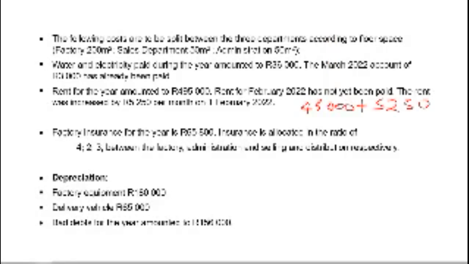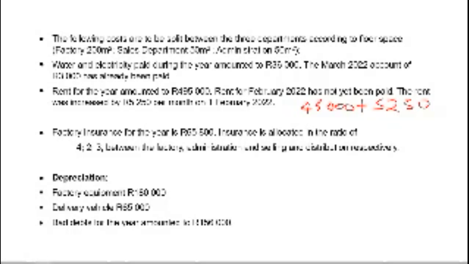I know that 50,250 must be added to that 495,000 because our year ends on the 28th of February, not on the 1st of February. So the rent we haven't paid for February is a prepaid expense. So we need to add it to get our total rent expense for the year and then allocate it.